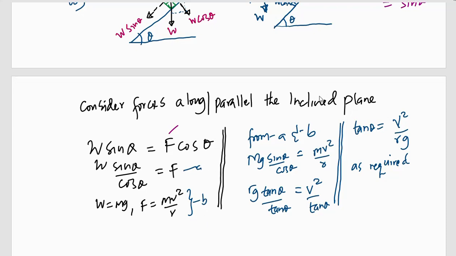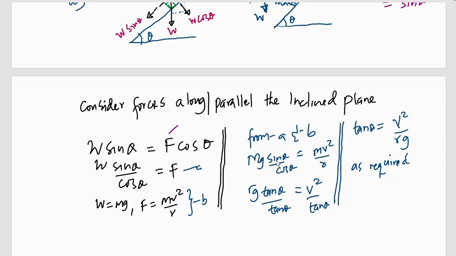So from equations A and B, if I combine these two, I will have mg sine theta out of cos theta is equal to mv squared out of r. And remember, sine theta out of cos theta is equal to tan theta. Therefore, tan theta is equal to v squared out of rg.